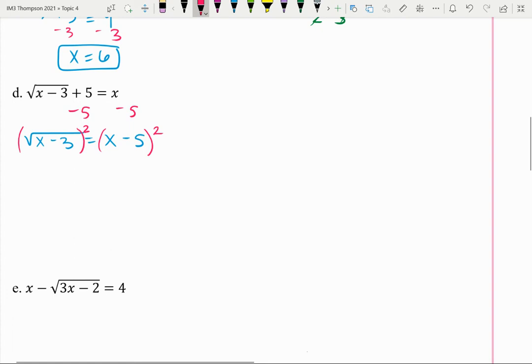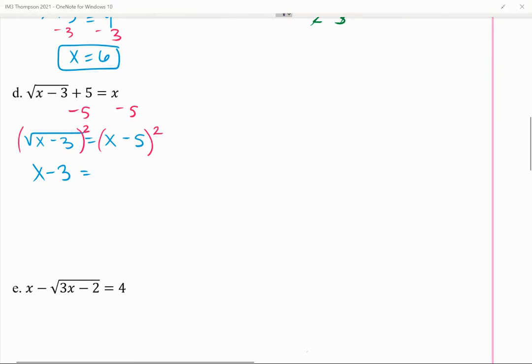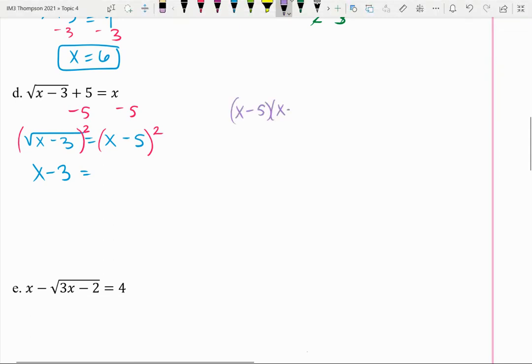The square root of x minus 3 squared is just x minus 3. Yay. Oh, but x minus 5 squared, that's x minus 5 times x minus 5. Remember, when you have an expression raised to a power, you always have to write it multiple times and then multiply it out. Don't try to take any shortcuts if you've got any addition or subtraction signs in those parentheses.